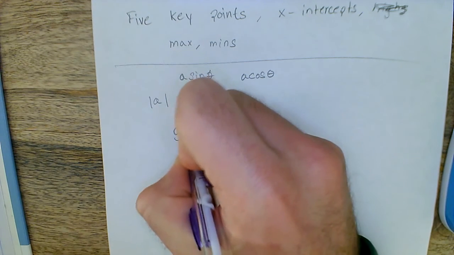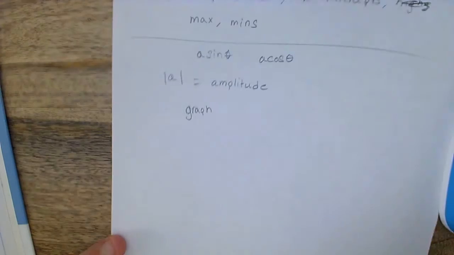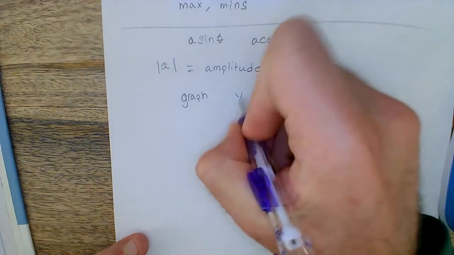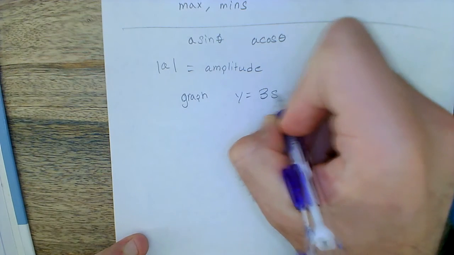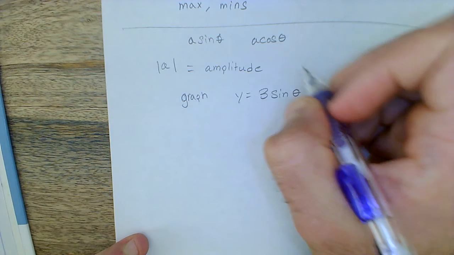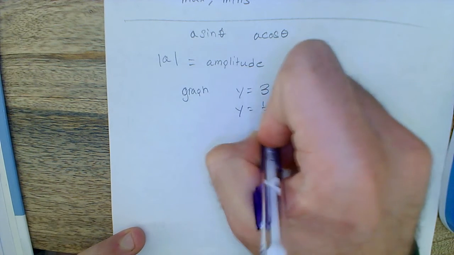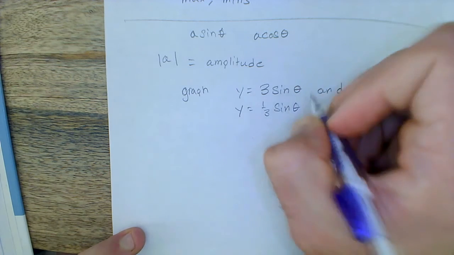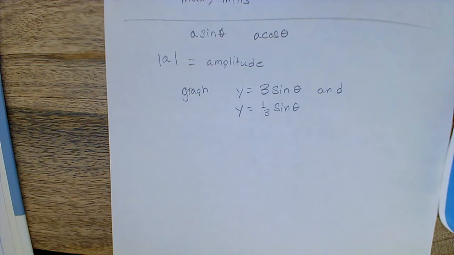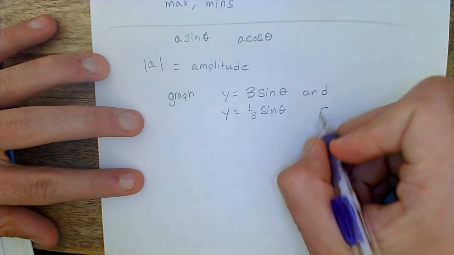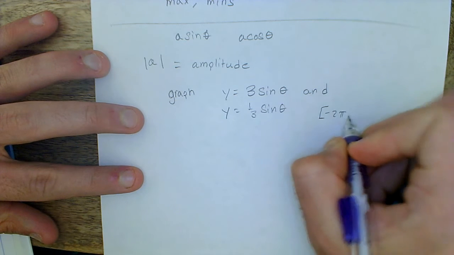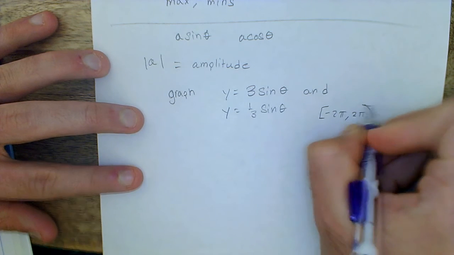So if I were to graph, for example, y equals 3 sine theta, and y equals 1/3 sine theta, and we're going to graph this on 2 cycles, so -2 pi to 2 pi.